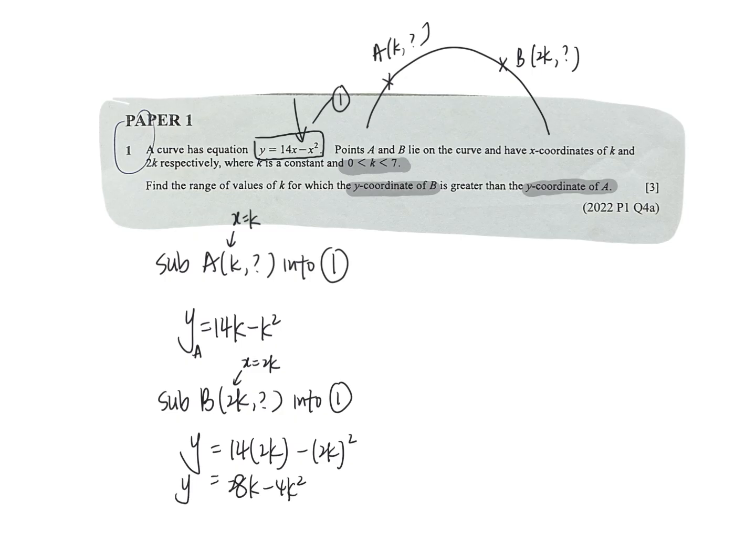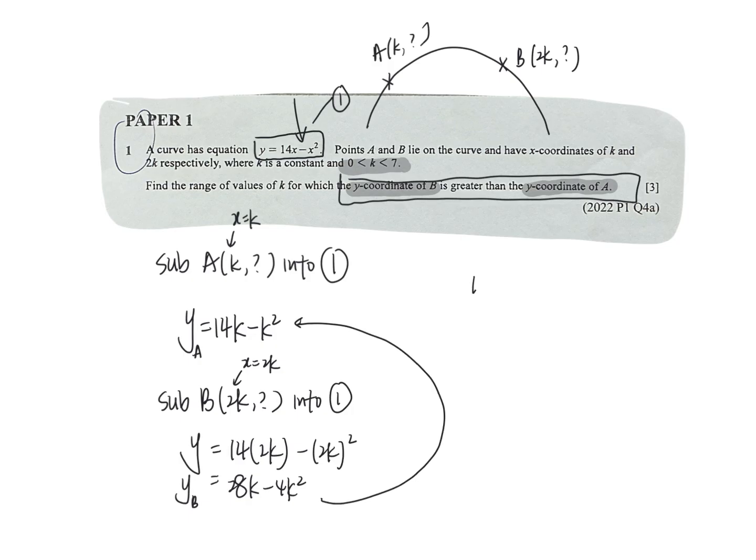So this is my y coordinate of B. So based on what they tell me here, this y for B is greater than this y of A. So I just write it based on what the question is telling me. I just translate it into a statement.